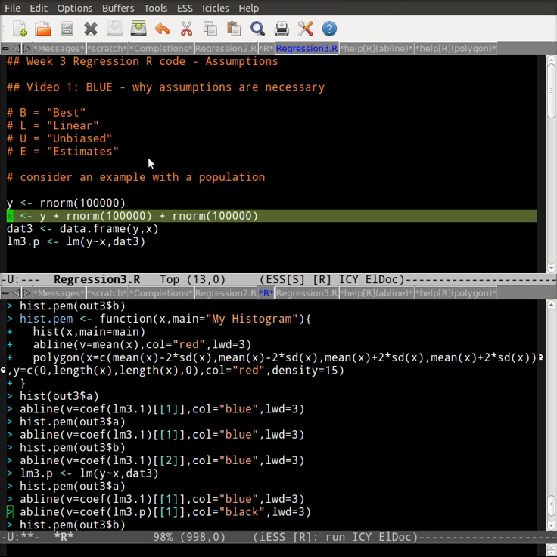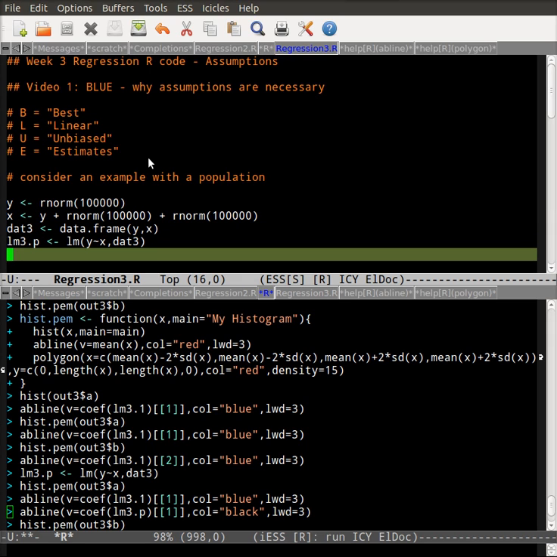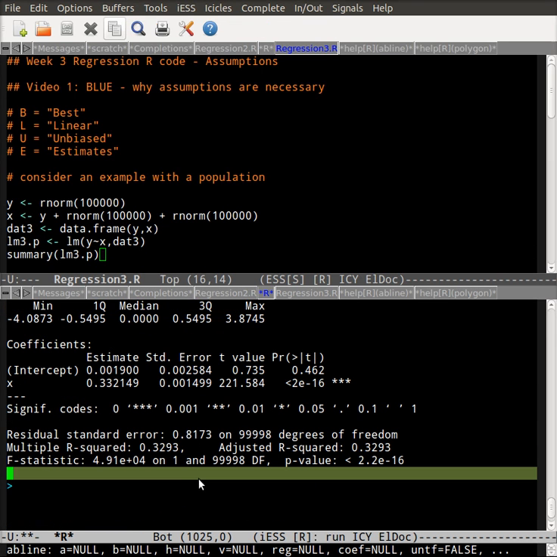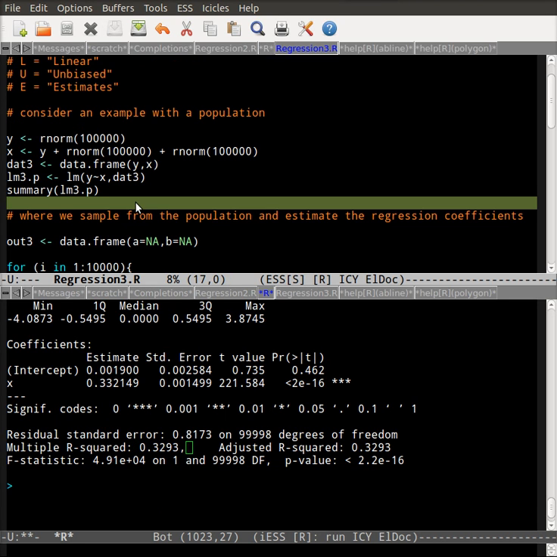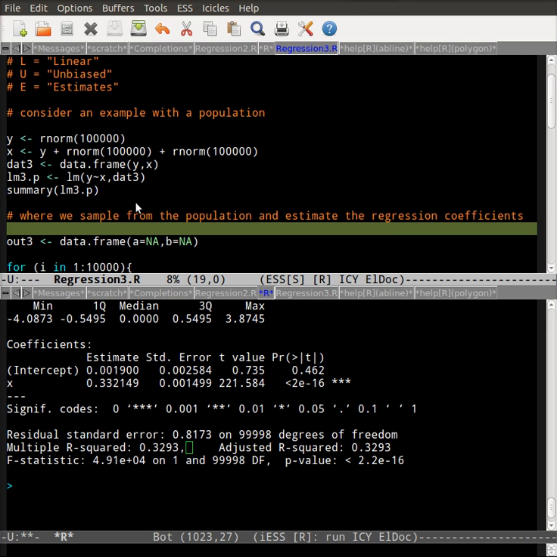So they should share about a third of the common variance, and your r squared should be about 0.33 or so. I ran a linear model, and I can do a summary of lm3.p, which I haven't done before. So let's see, how did we do? Yeah, about a third of the variance is shared. So that's good. Okay. Now, this is a population.